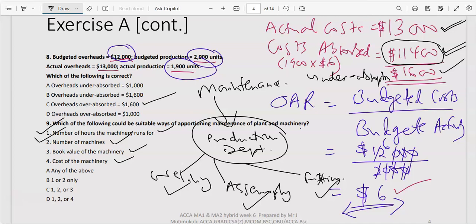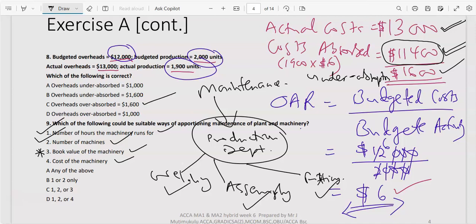No, those machines would be requiring regular repairs and maintenance. So you can see that the book value is actually deceiving, because it is telling us that this machinery is of low value. Then if we do our apportionment based on those values, we will be misguided. So that one is actually very wrong. We can't use the book value of the machines.